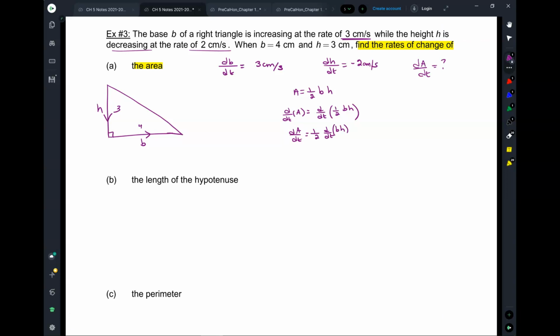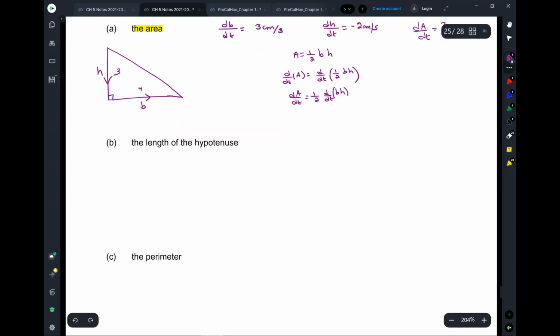Okay? Here we go. So dA/dt is equal to half, I got to do product rule here. So that's B dH/dt plus dB/dt times H. Okay? All right.